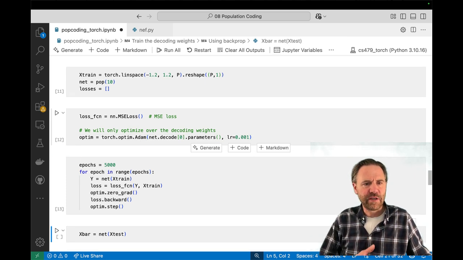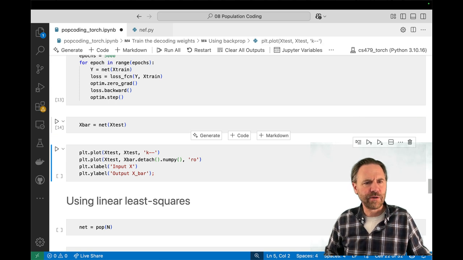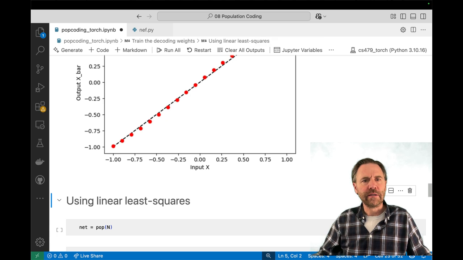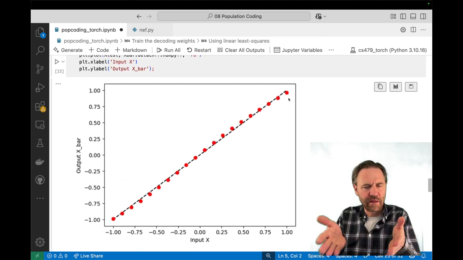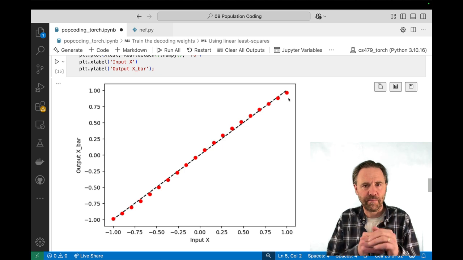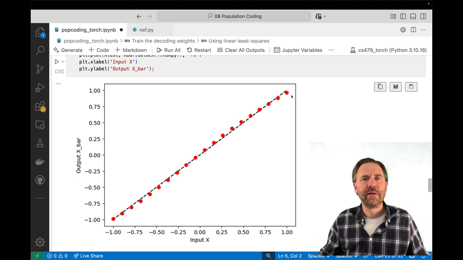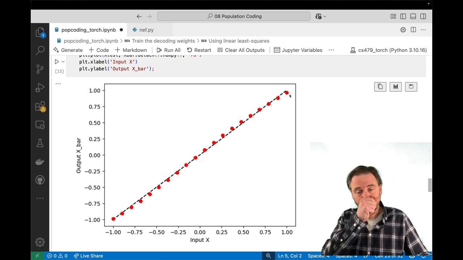I'm going to run 5,000 epochs, so giving it a whole bunch of points. And so I run a whole bunch of my test x points through it. And lo and behold, I do get the output looks a lot like the input. So I've trained only the decoding weights now using backprop to decode the value that was encoded.